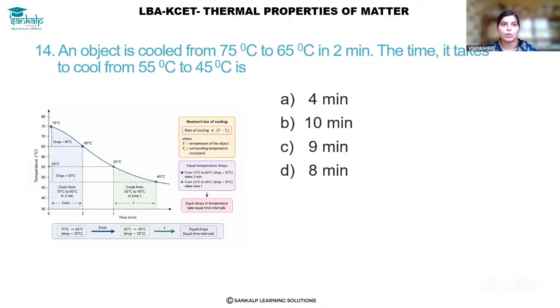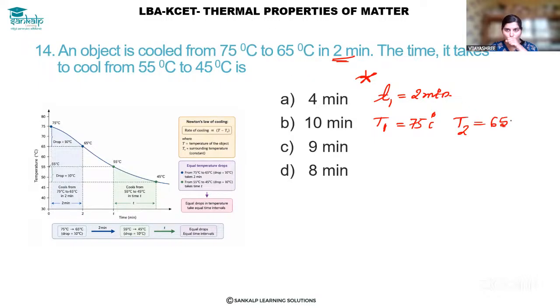Okay. So what is the first time interval? The first time interval t1 is equal to 2 minutes. In the first case, in the first time interval, the initial temperature T1 is equal to 75 degrees Celsius, and T2 is equal to 65 degrees Celsius, as given.